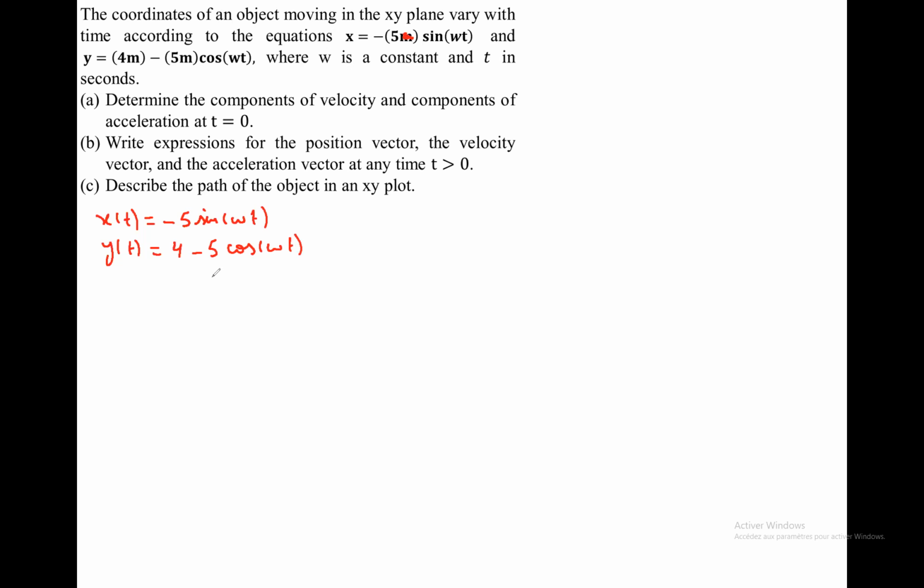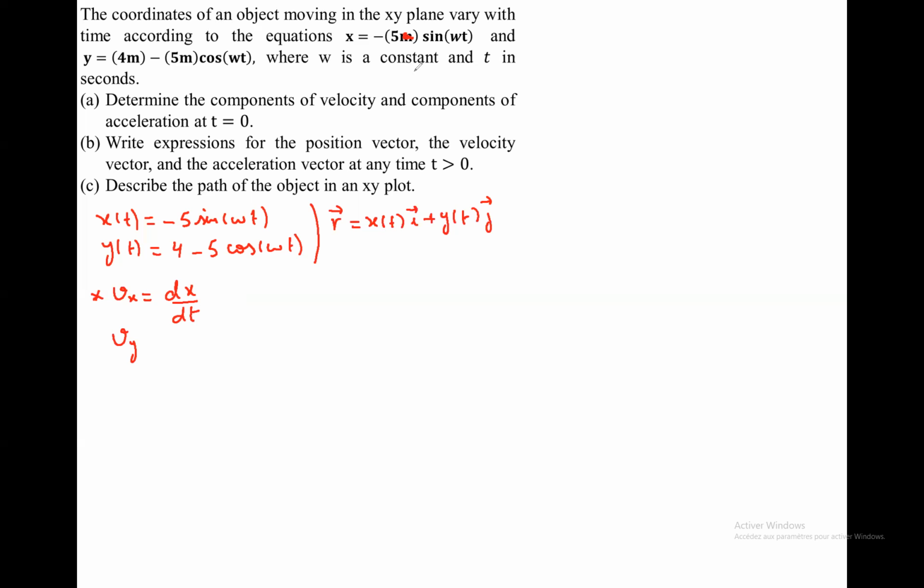So x and y are the components of the position vector: x(t) i plus y(t) j. Now I want to calculate first of all Vx and Vy. You know Vx equal the derivative of the x component, dx over dt.